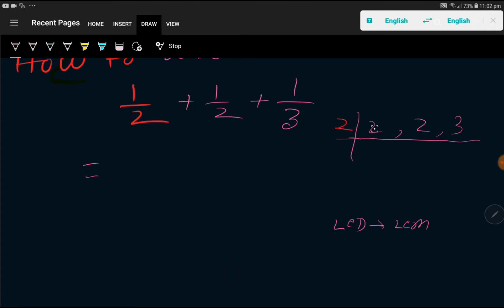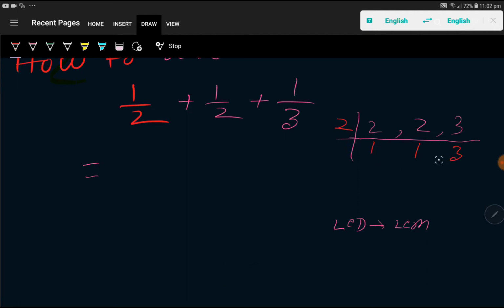If I divide this 2 by 2, I'll get 1. But 3, I cannot divide this 3 by 2 exactly. So I will carry down this 3, right? So here I will not get any number that will divide at least 2 numbers, other than 1.